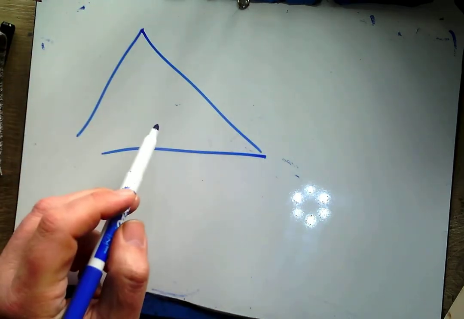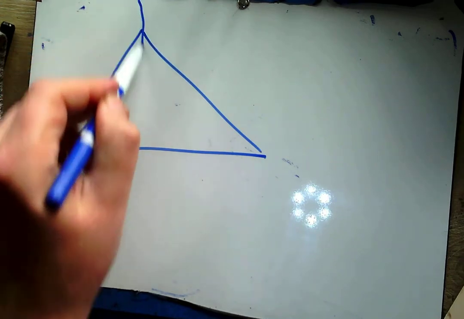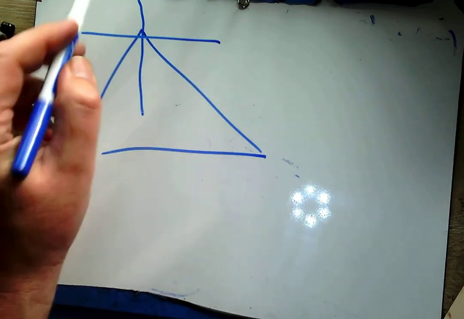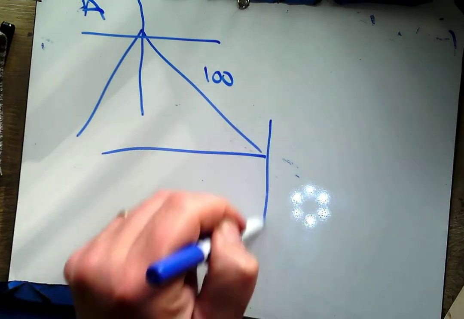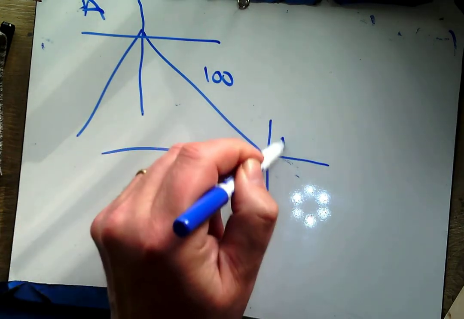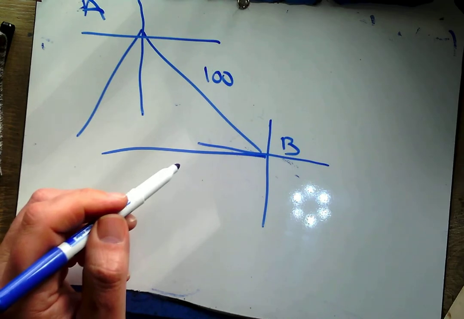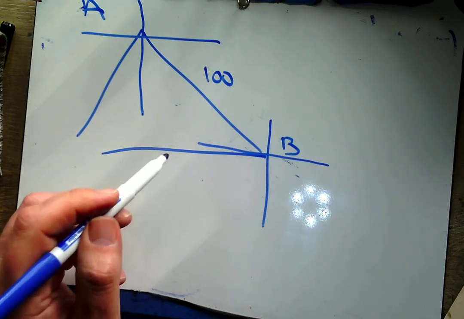We've got a triangle here. Putting my compass rose here at A. We've got 100 compass rose here at B. And let's see what it is.